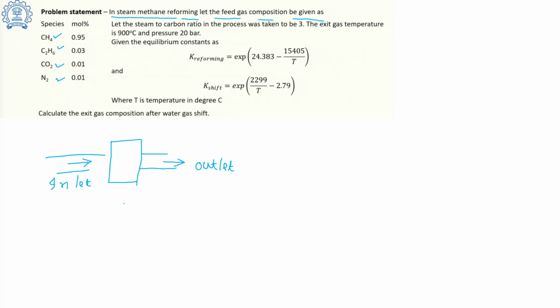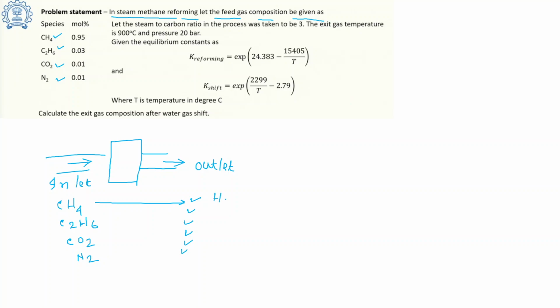Methane means CH4, and ethane, C2H6, is a higher order fuel. What will the outlet product be?